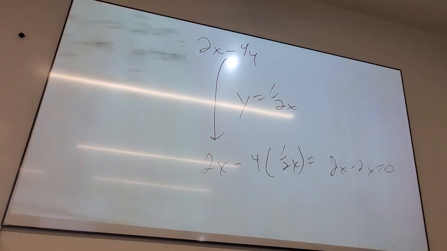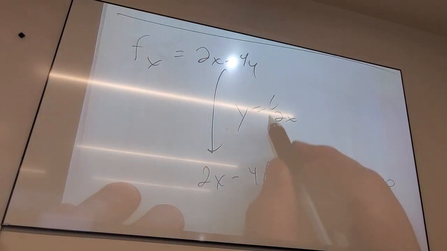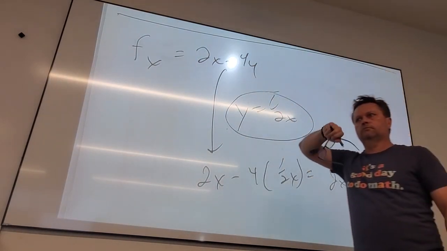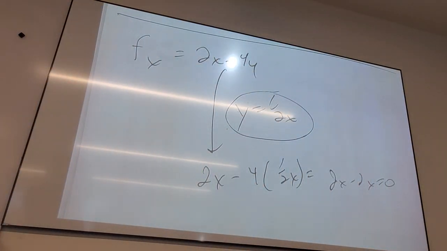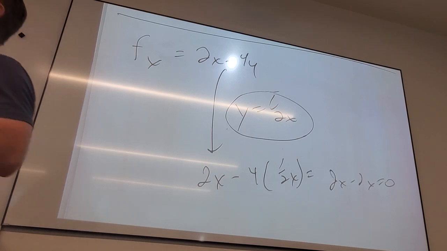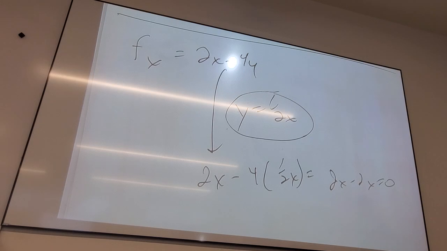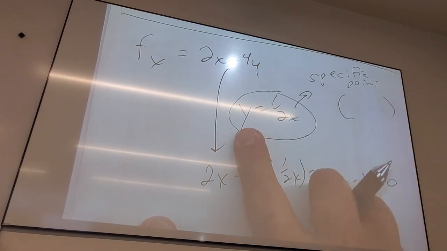So let me ask you again. When I plug this in, how many points did I just plug in? An infinite number, everything on that line. Every point. In fact, give me a specific point on the line y equals 1/2 x.